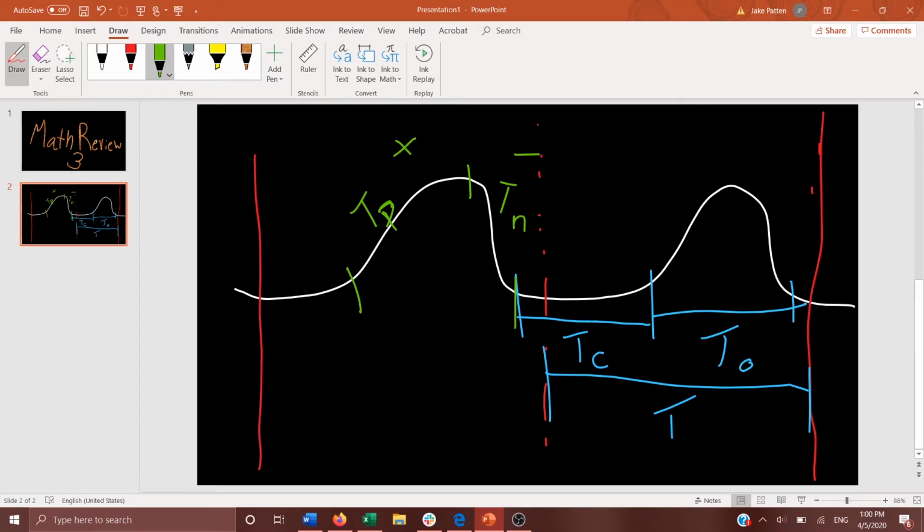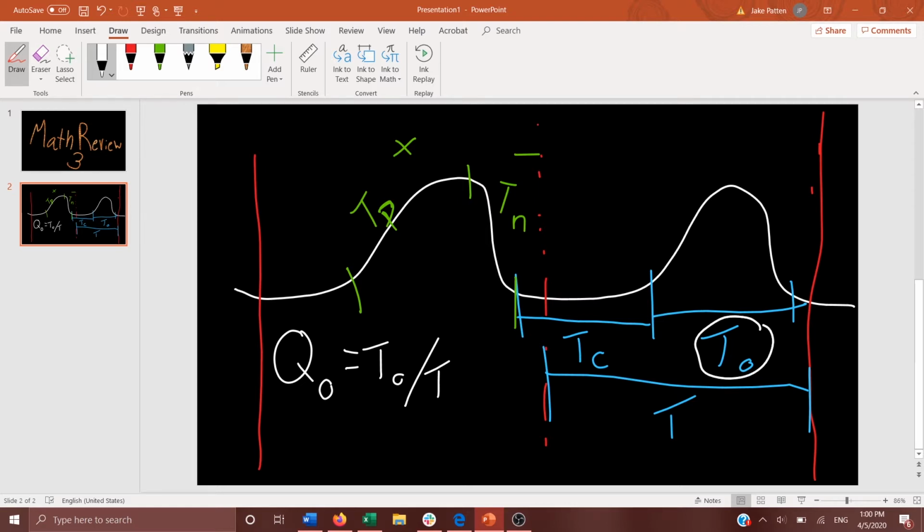So the open quotient, Q sub O, is just T sub O divided by T. That's the open quotient. That just means the proportion of each period that the vocal folds are open. So you take TO and you divide it by T.